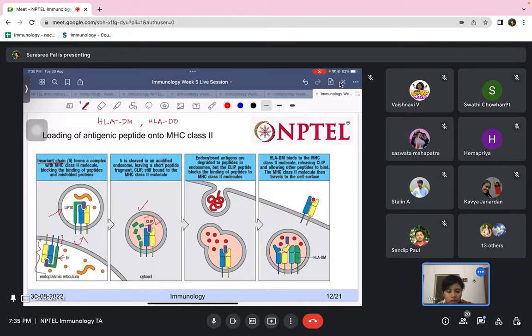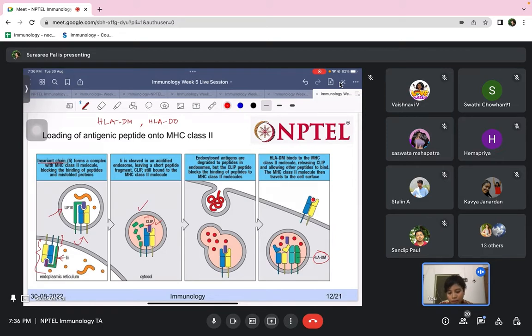So here this HLA-DM helps. HLA-DM is not present on the cell surface, but it is found in these endosomal compartments, in these endosomal vesicles, that also contain the clip and the MHC class 2 molecules, right?